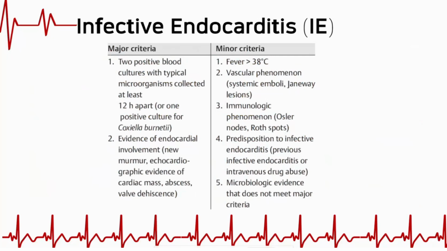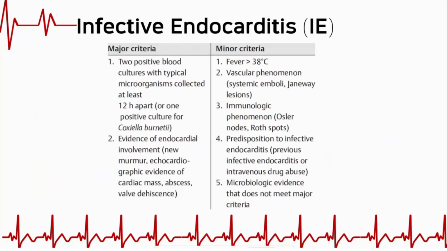Now, with infective endocarditis, the most important thing that you need to know for your exams is the Duke's criteria. What you see in front of you is the Duke's criteria. So you have major criteria and minor criteria.